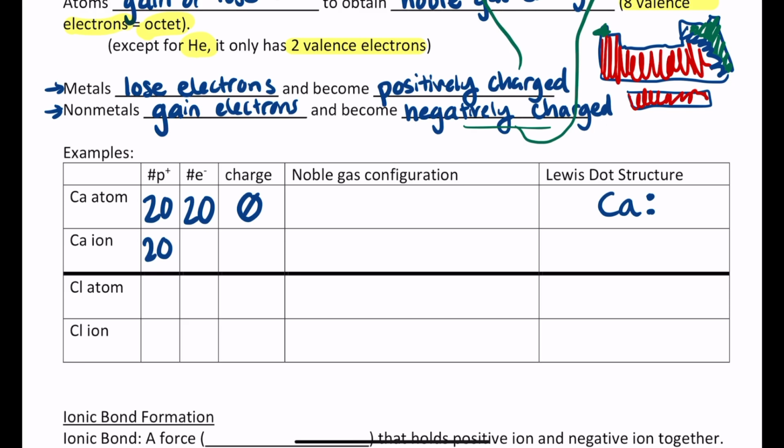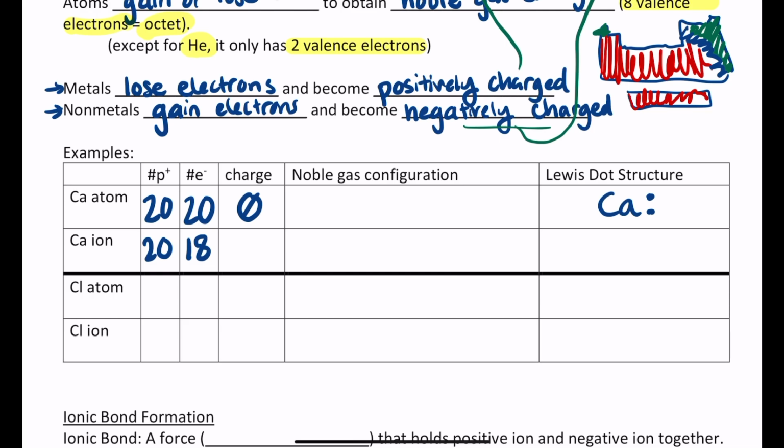Your hint comes from the number of valence electrons that calcium has. Whenever it loses electrons, it's going to lose all of its valence electrons as a metal. Since it had 2 valence electrons, it will lose 2 electrons. So your total number of electrons in a calcium ion is going to be 18.